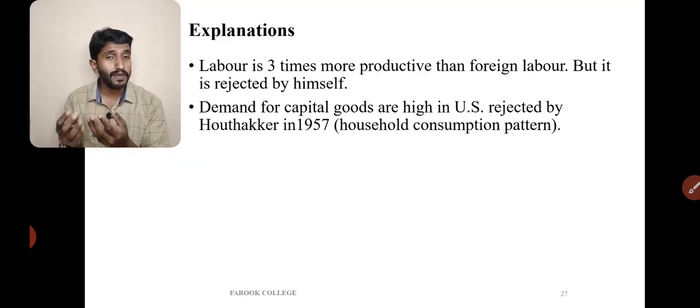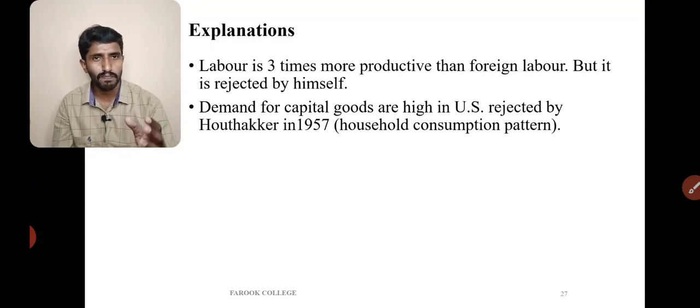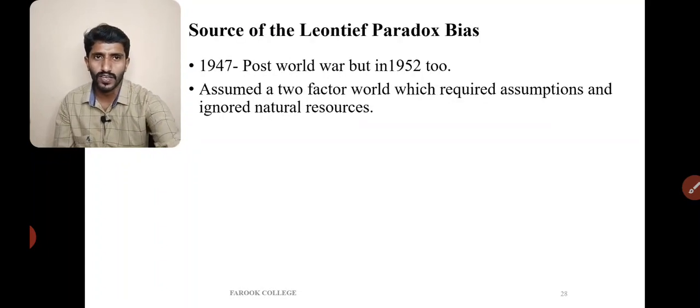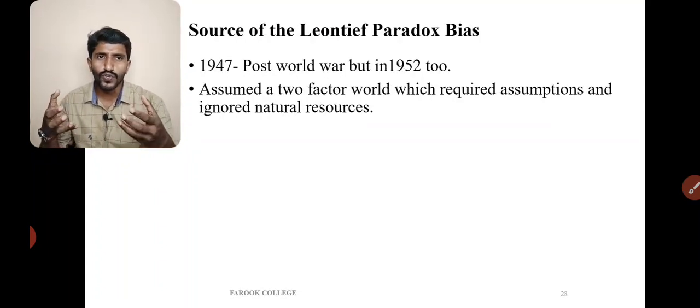But this is also not true, as Houthakker in 1957 rejected this idea by analyzing the household consumption pattern in the US. So the two explanations which Leontief himself gave for this paradox are rejected, one by himself and another by Houthakker.